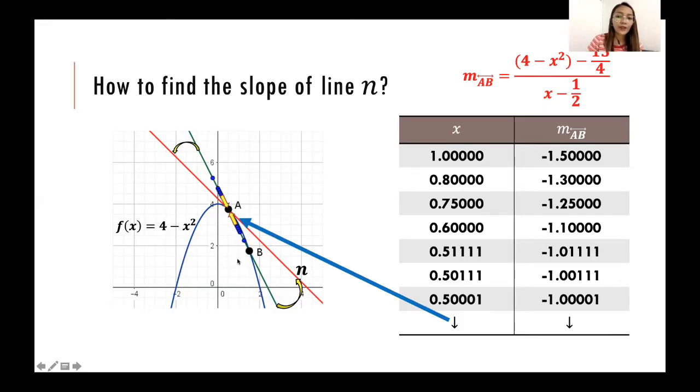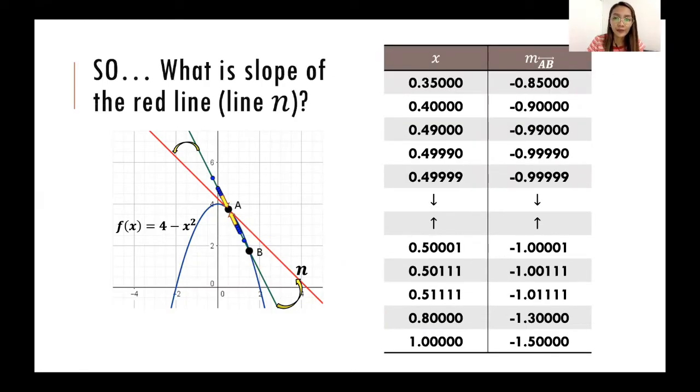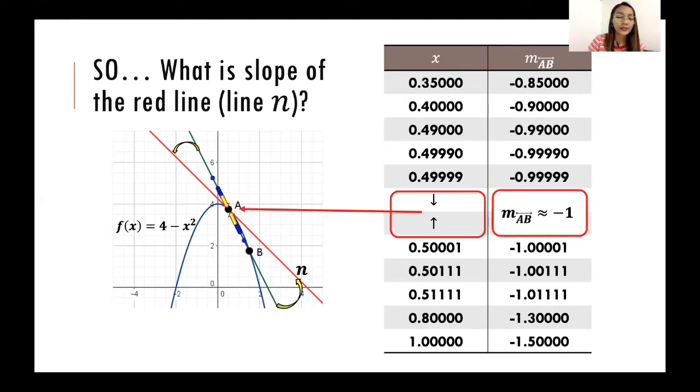Okay, so now if we compare the two tables of values, look at this. What number are they approaching? Obviously, you can see in the table of values that the number is approximately negative 1, or the slope is approximately negative 1.